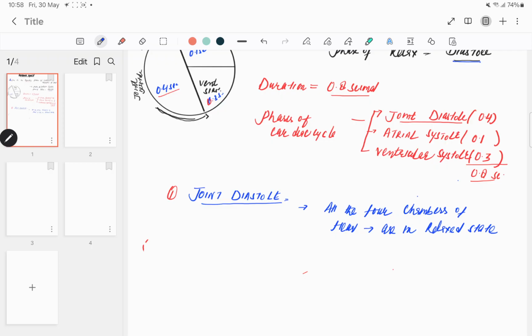So in joint diastole, all the four chambers are relaxed. Relaxed state means there is no contraction; they are in the resting phase.